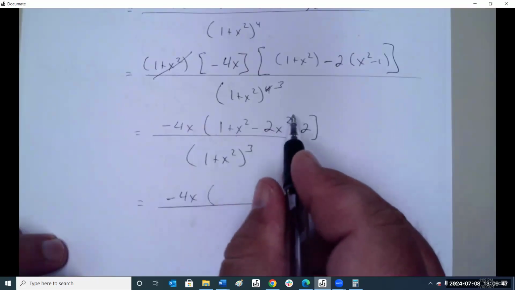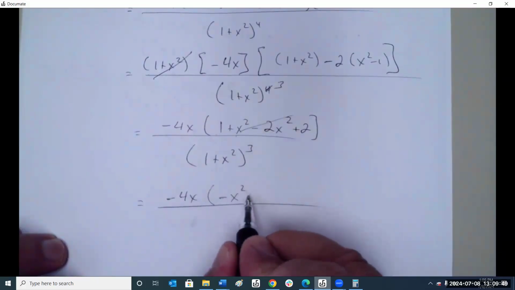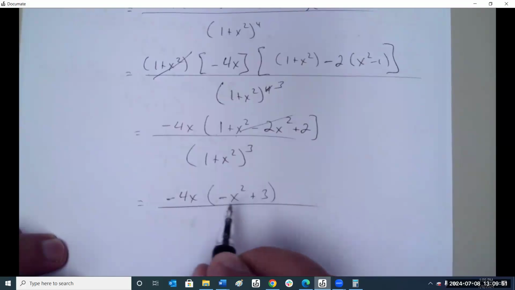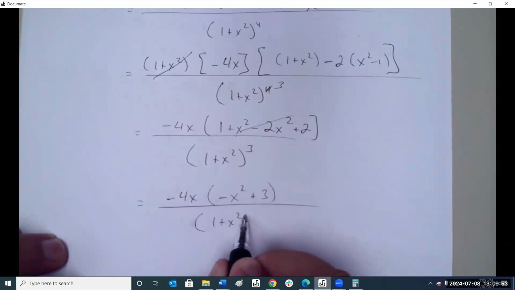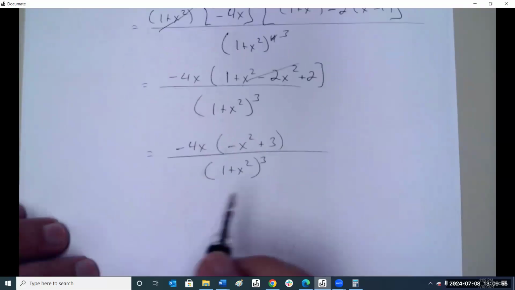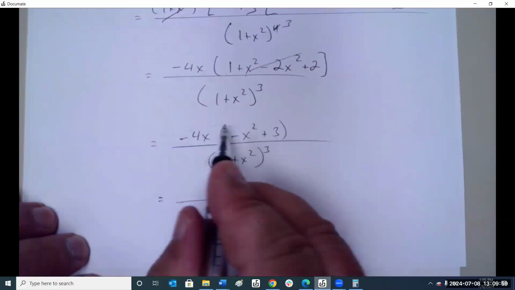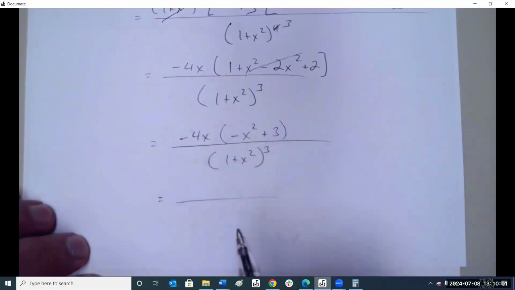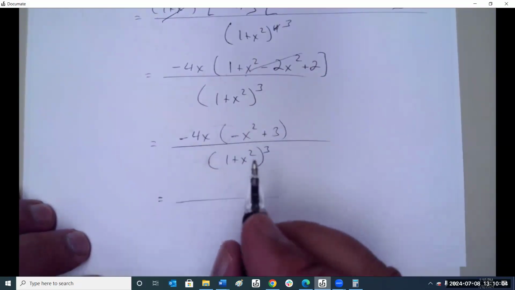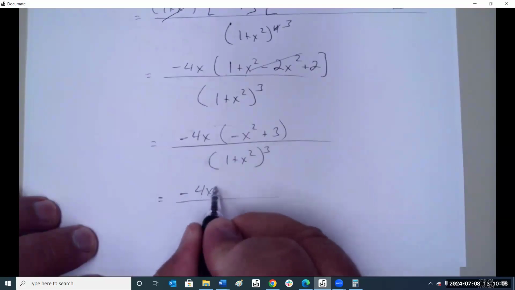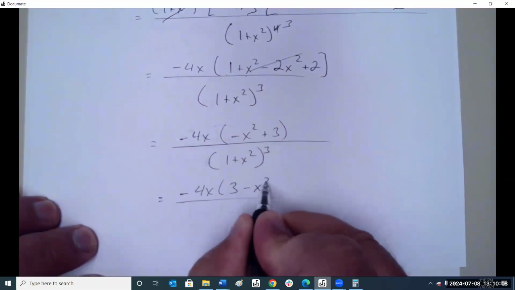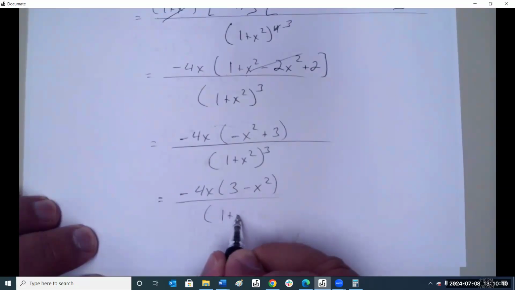X squared minus 2x squared is minus x squared plus 3. Let's leave it at that. So it's negative 4x times (3 minus x squared).